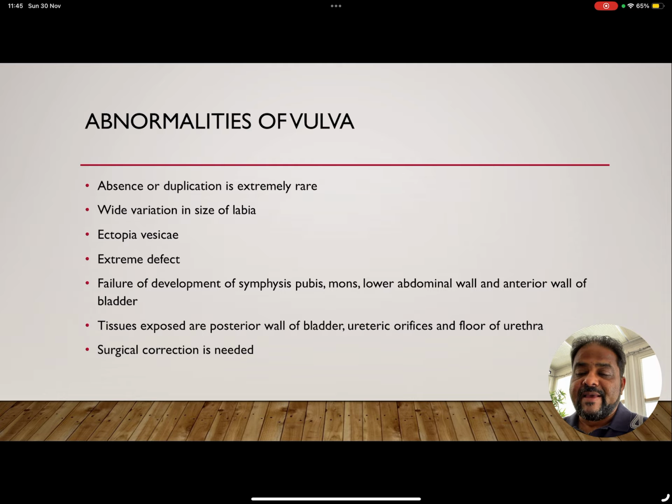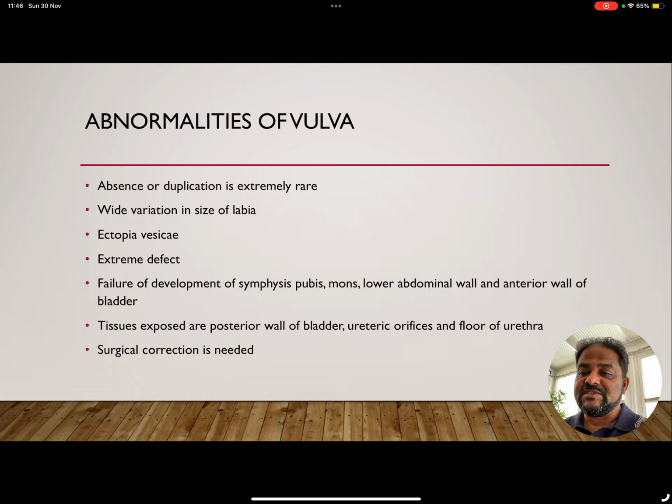Abnormalities of vulva. Absence or duplication is extremely rare. There is wide variation in size of the labia. Ectopia vesicae, where the bladder is opening at the anterior aspect, is an extreme defect, and it is because of the failure of development of the symphysis pubis, mons, lower abdominal wall, and anterior wall of the bladder.